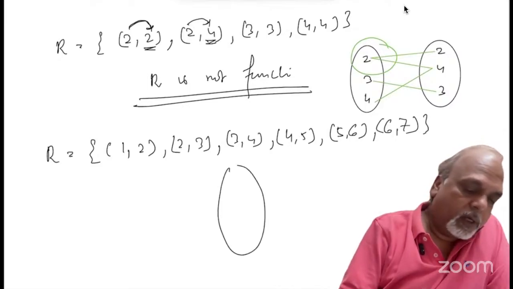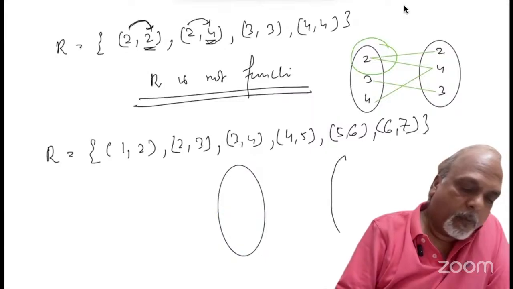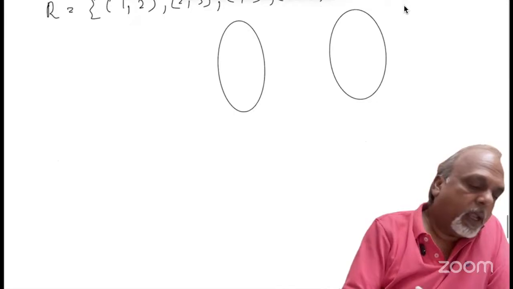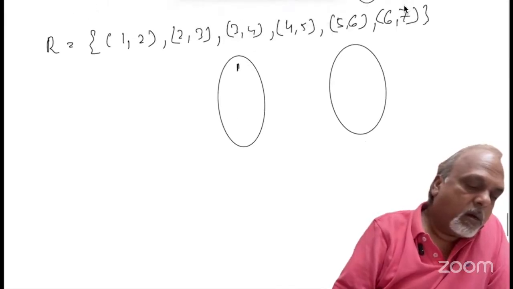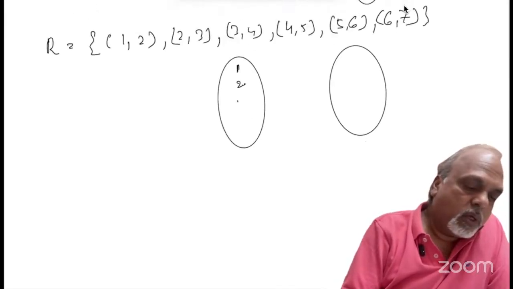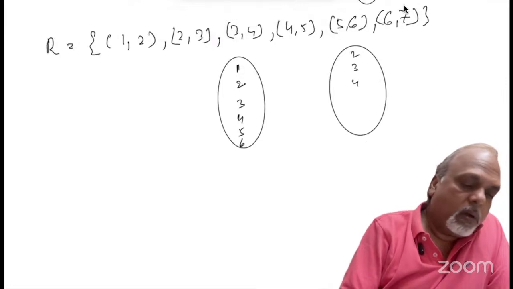Here, if you see, 1, 2, 3, 4, 5, 6 and here 2, 3, 4, 5, 6, 7.